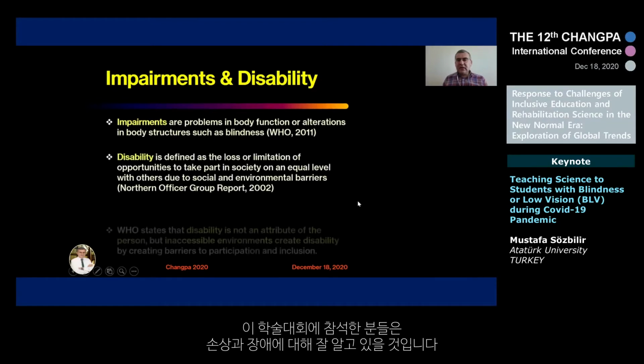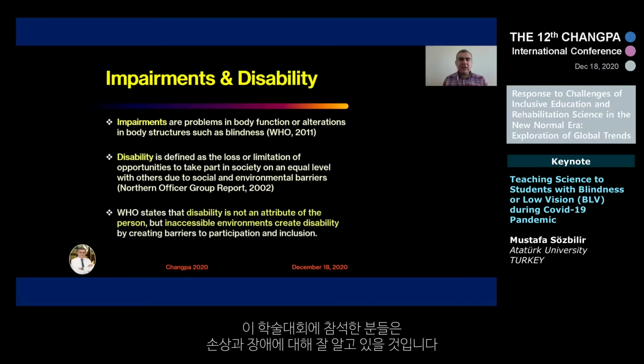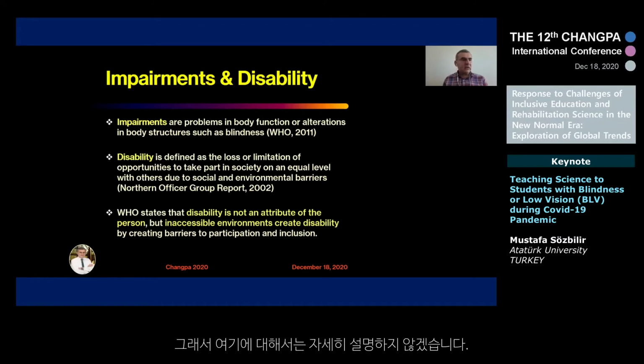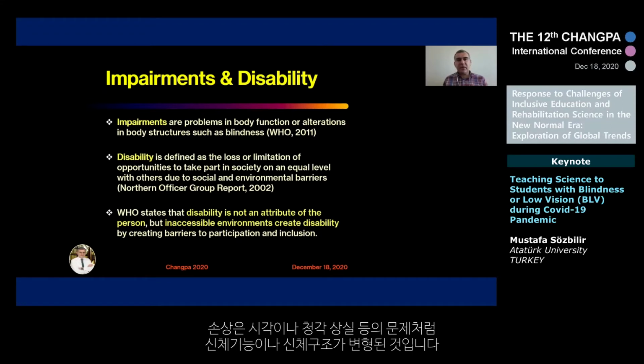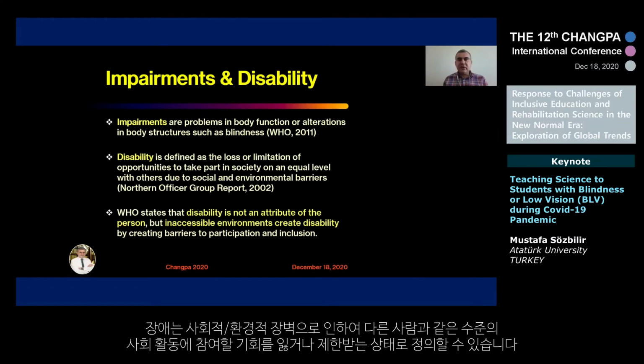As everybody in this meeting knows about the impairment and disability terms, I'm not going to go into detailed information on this one. But impairments are problems in body functions or alterations in body structures, such as blindness or deafness or other kinds of problems. On the other hand, disability is defined as the loss or limitation of opportunities to take part in society on an equal level with others due to social and environmental barriers.